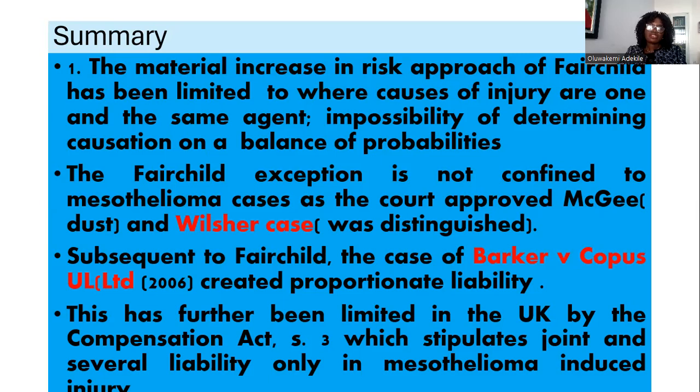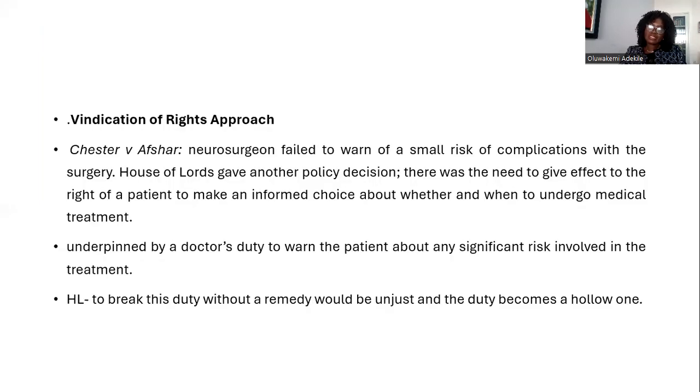That is, if you have one defendant or two, they are going to be responsible for the entire injury. But proportionate liability continues to apply to other cases that are not relating to mesothelioma. Proportionate liability as seen in a lot of the cases.